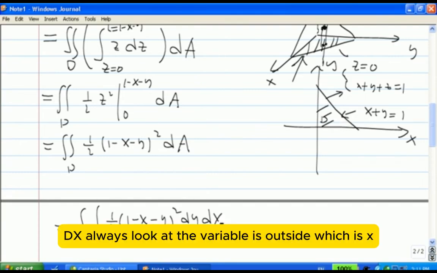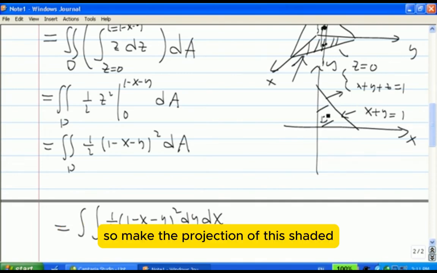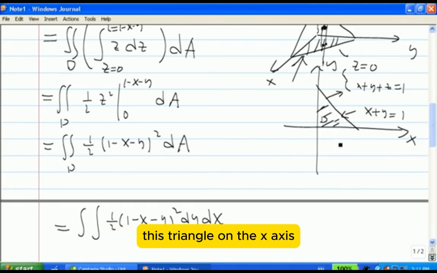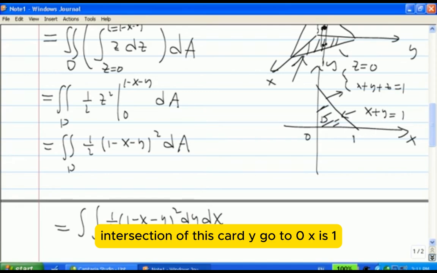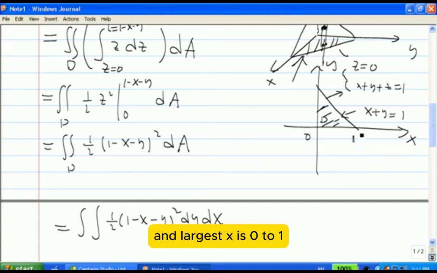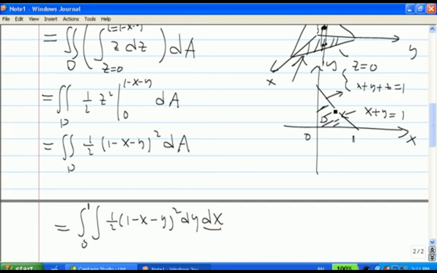Always look at the variable that is outside, which is x. So make the projection of this triangle on the x-axis. Smallest x will be 0, largest 1. At the intersection of this curve with y equal to 0, x is 1. So your x is between the smallest x and the largest x, 0 to 1, for all the points in this triangle.